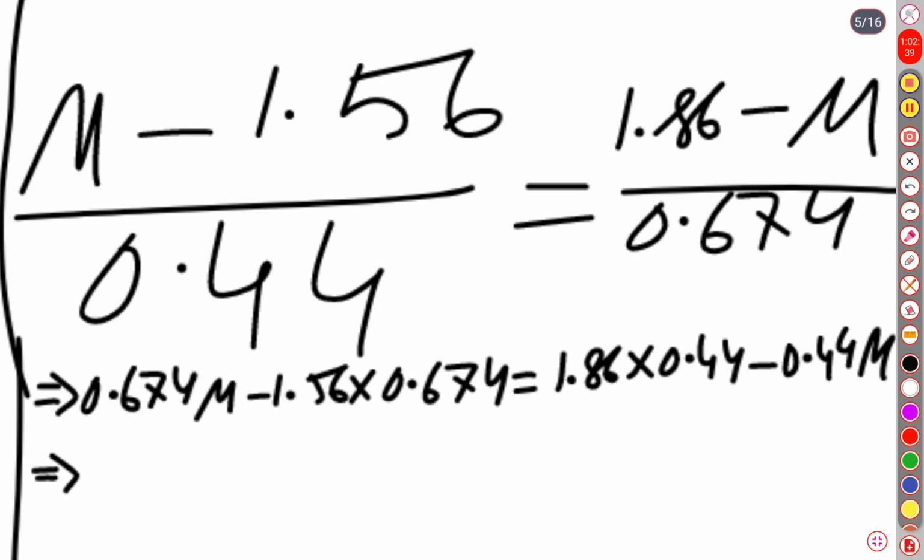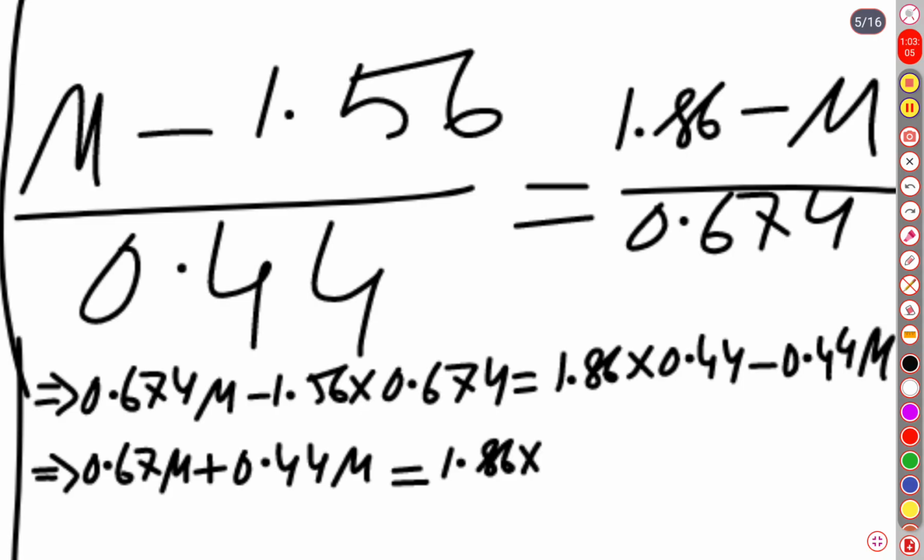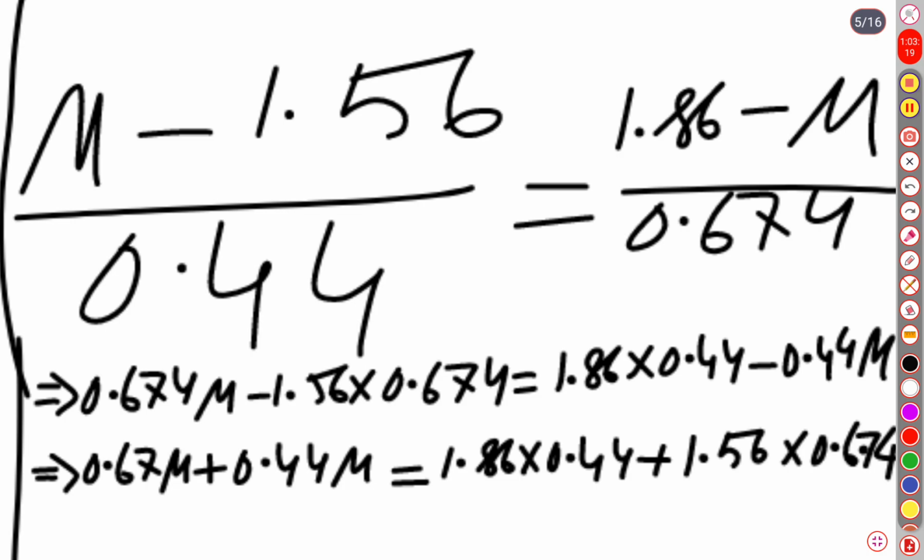Let's do the simplification later on. First of all, we will write 0.674 mu. Then from the right side, if we bring it to the left side, it is going to be 0.44 mu. 0.44 mu is equal to 1.86 into 0.44 plus, from the left side, if we transpose to the right side, 1.56 into 0.674.